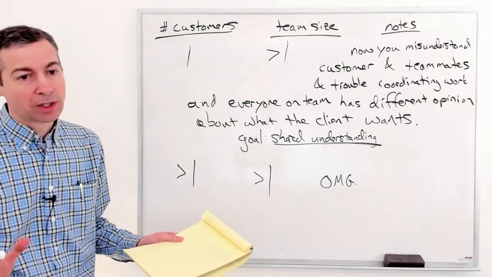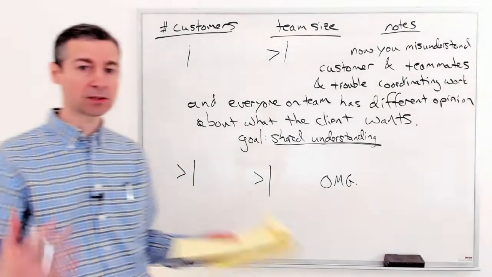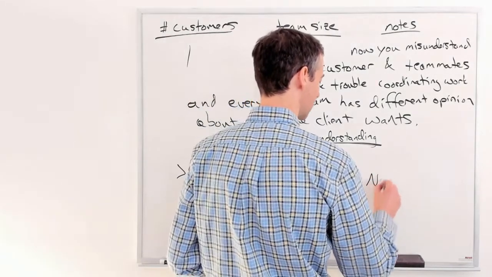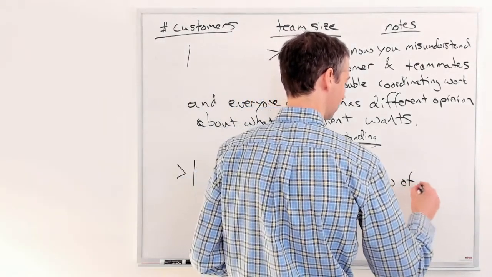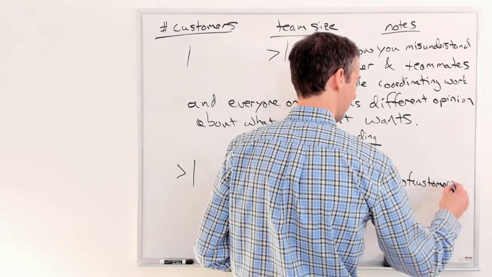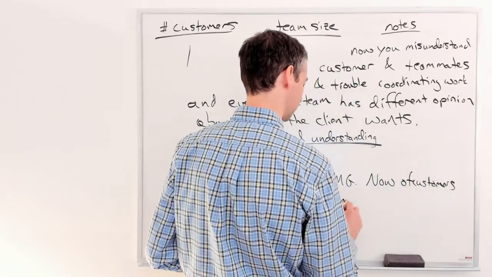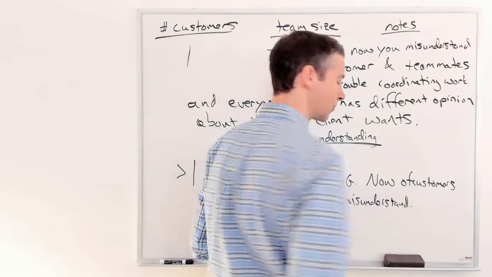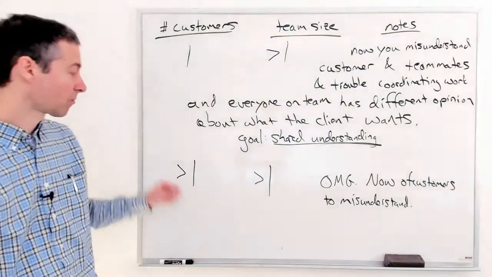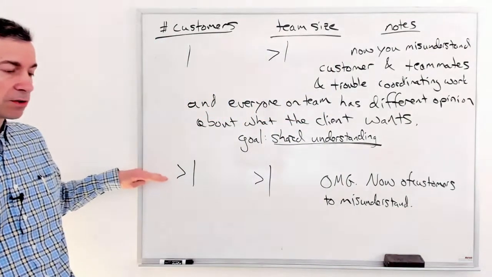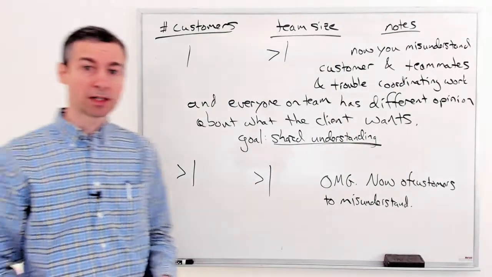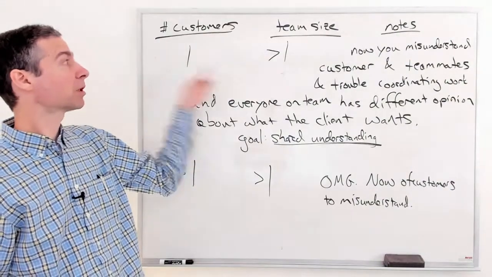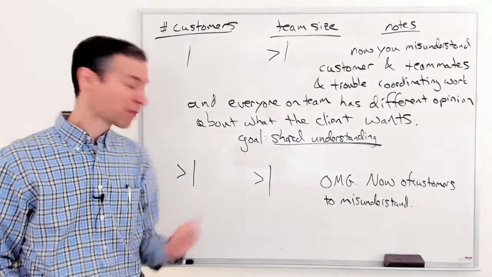We do have mechanisms and ways of solving this sort of problem, but now you have lots of customers to misunderstand, or you will be misunderstanding them. You want to understand them. This notion of multiple customers is not one that we really address in MSci 342. We're going to stop at one customer and a larger team.